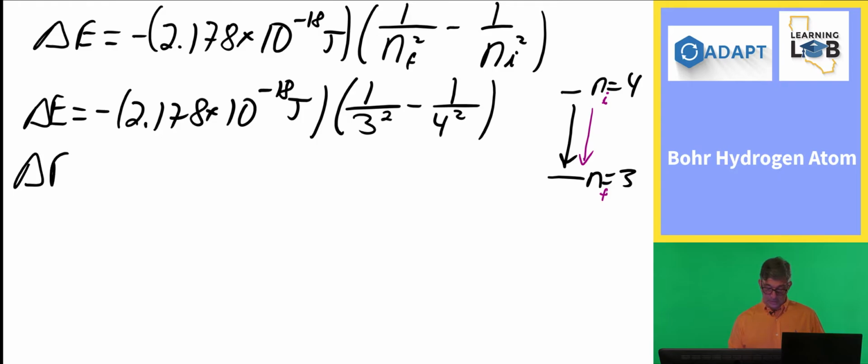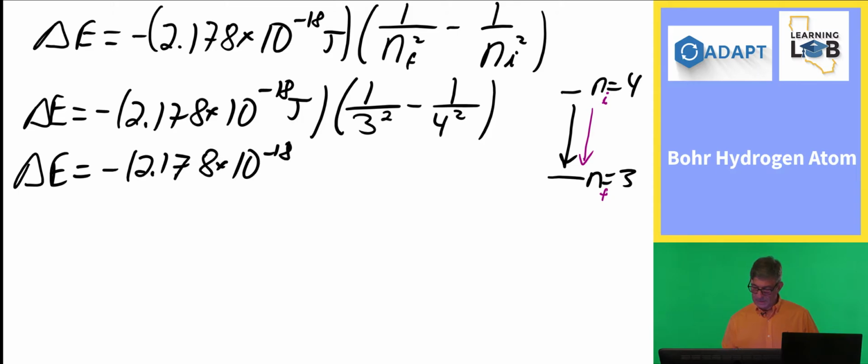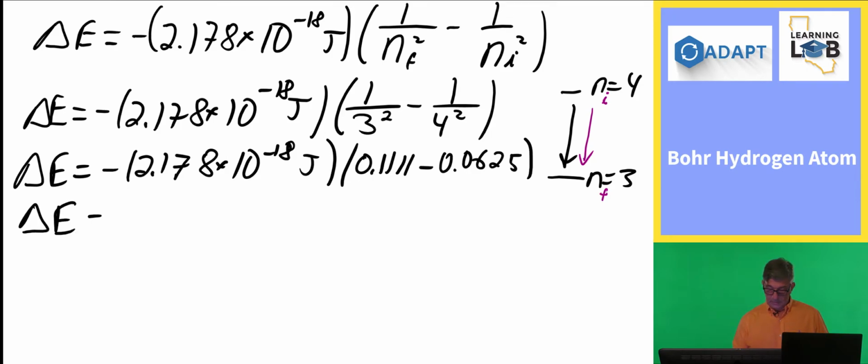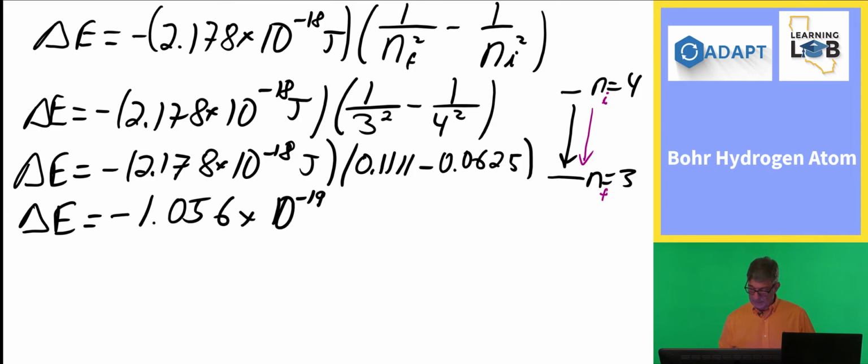The change in energy, or that energy gap, equals minus 2.178 times 10 to the minus 18 joules, multiplied by 0.1111 minus 0.0625. Delta E, the energy related to that transition, equals minus 1.056 times 10 to the minus 19 joules.